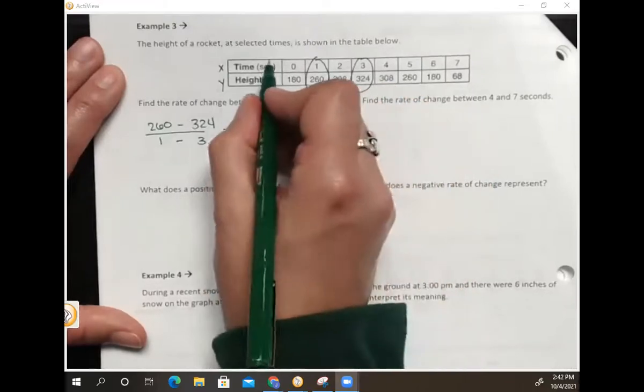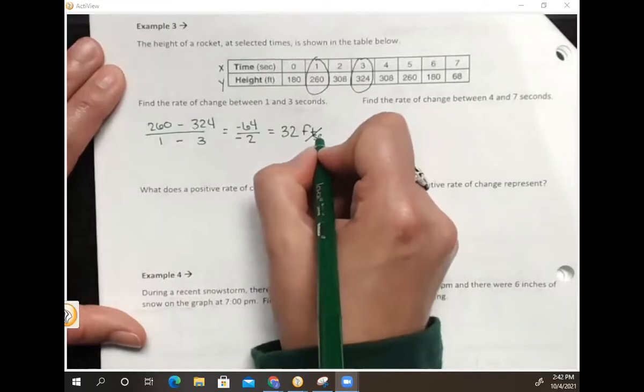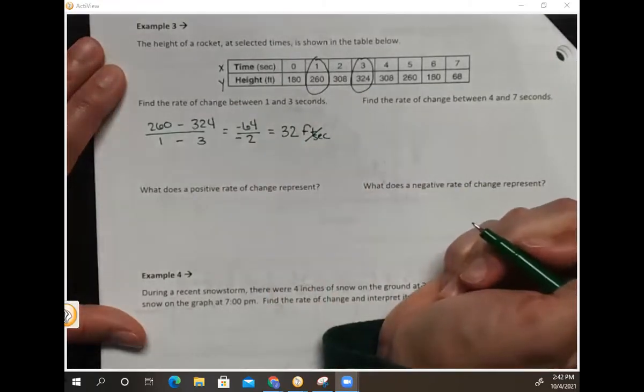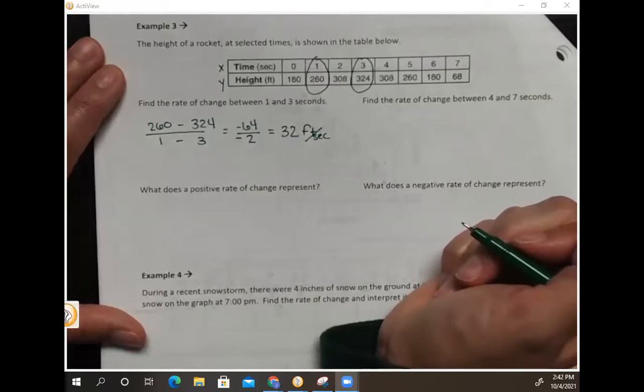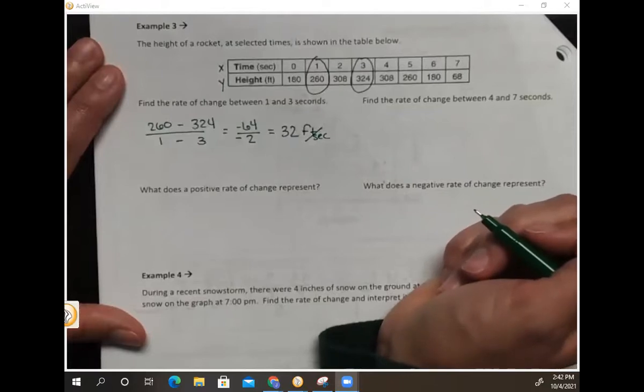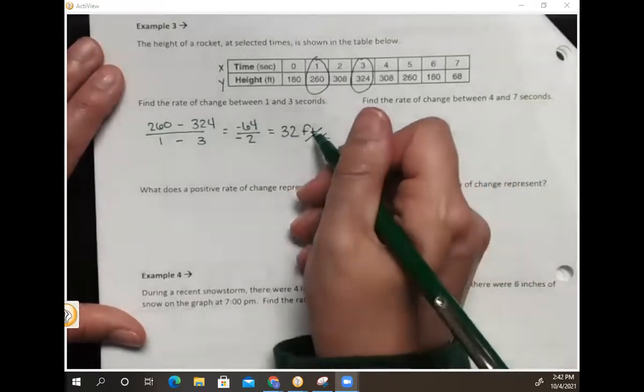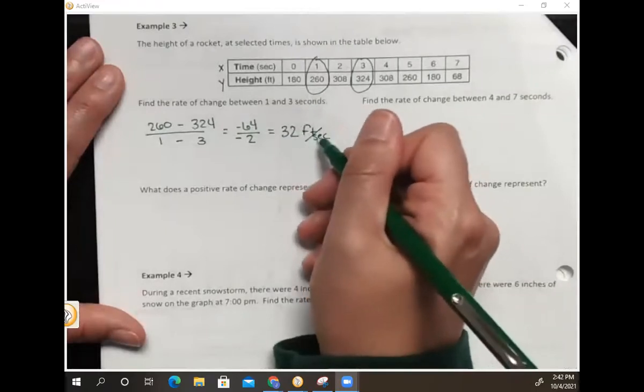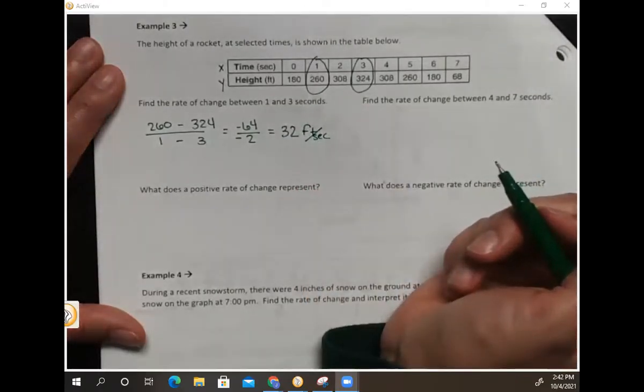Feet per second, since that's the x unit. So our rate of change for this rocket between 1 and 3 seconds would be 32 feet per second. Okay. So that's a speed here. I'm telling you how fast the rocket is going between 1 and 3 seconds. How is its distance changing per this unit of time?